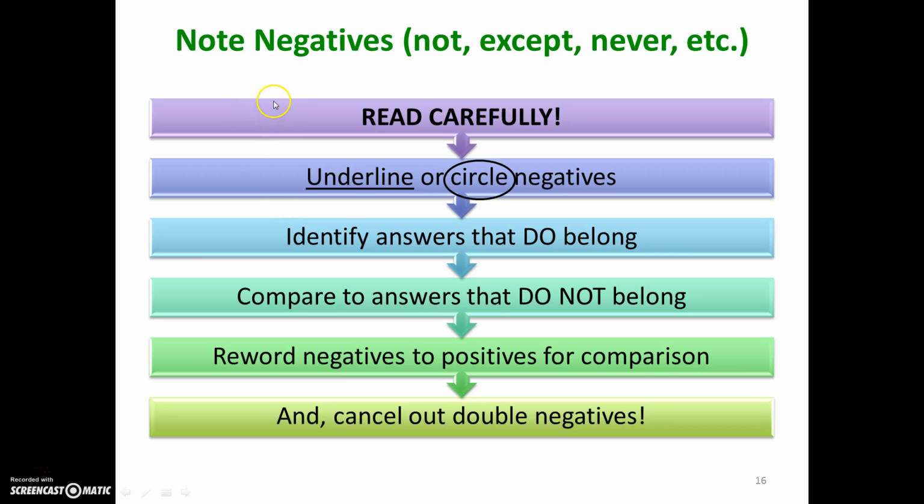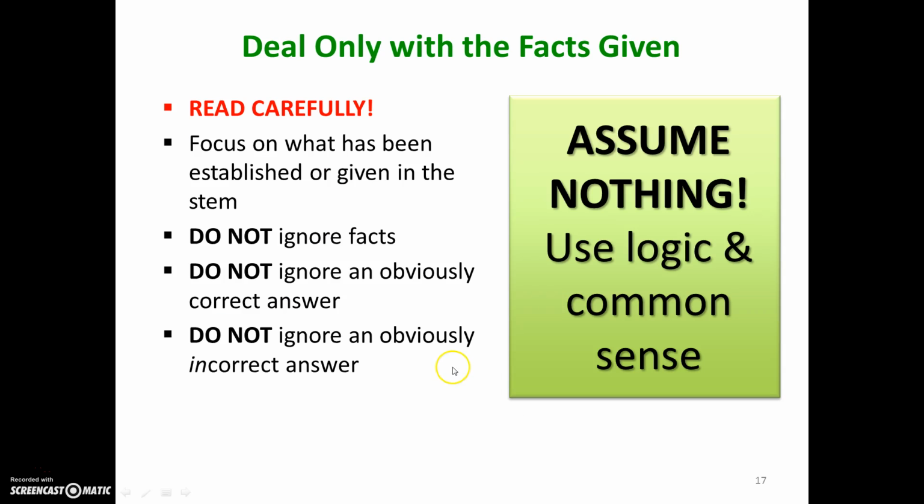Having a look at negatives, really helping ourselves to identify the key terms, go through, compare and contrast anything that doesn't belong, and if we're having negatives, reword them is one really helpful way. If we can notice that as we're going through and noticing our negatives, we can really cancel out any double negatives as well.